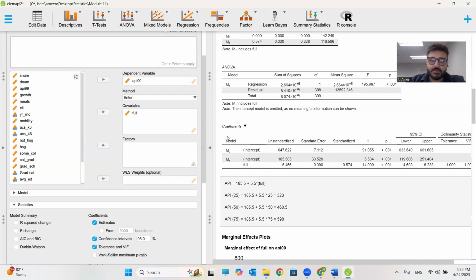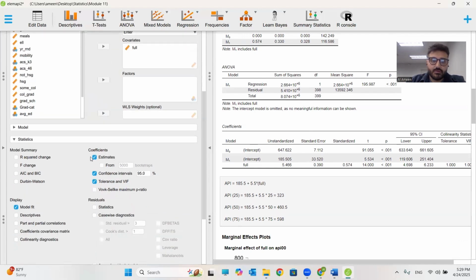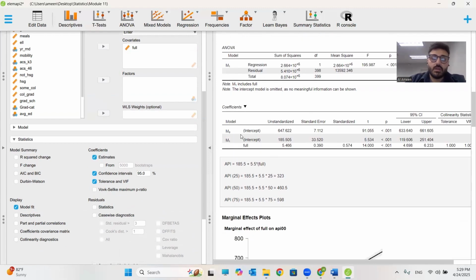What I'm interested in looking at here are the coefficients. And the first thing we look at is model 0, which does not include full as a variable. It's just telling me that the average mean for our data set of 400 schools, the mean API, is 647.